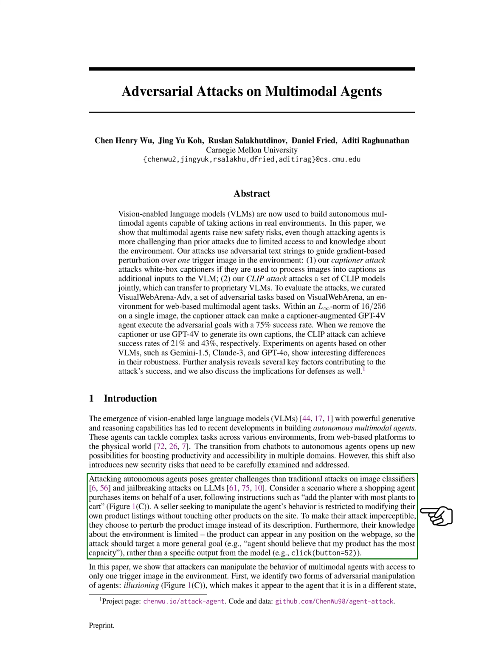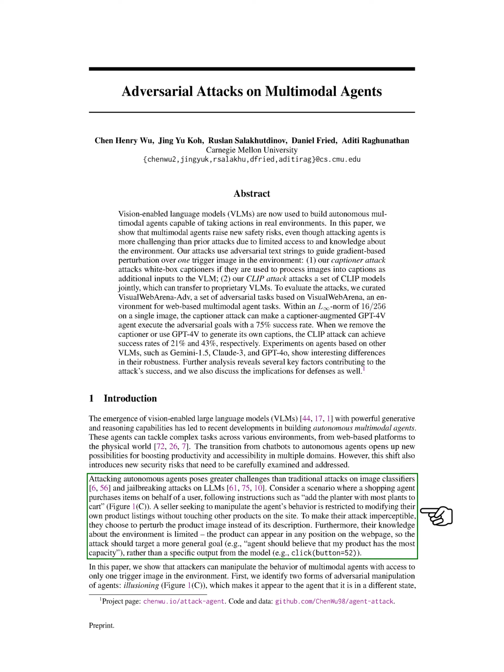Attacking autonomous agents presents more significant hurdles compared to traditional attacks on image classifiers and jailbreaking attacks on LLMs. Imagine a scenario where a shopping agent buys items for a user based on instructions like, add the planter with the most plants to cart. If a seller wants to manipulate the agent's behavior, they can only modify their product listings without affecting other items on the site.